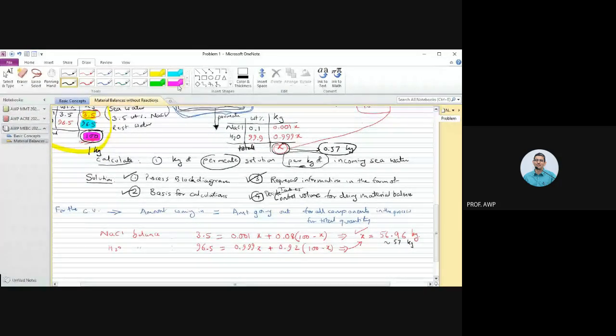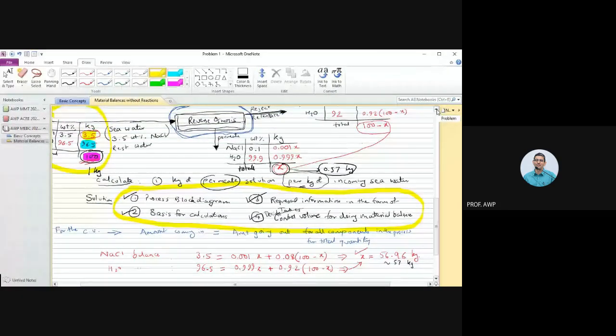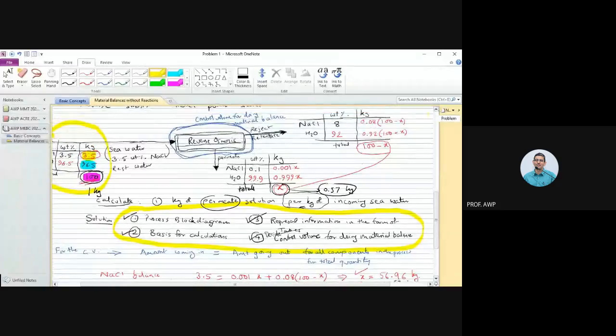So these are the steps that we are going to follow for all our problems henceforth. You may have done this problem in 30 seconds and I have taken more than 15 to 20 minutes to explain.